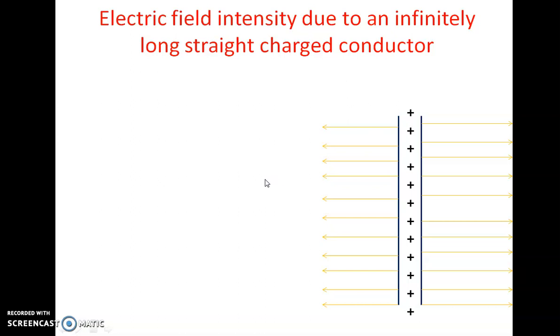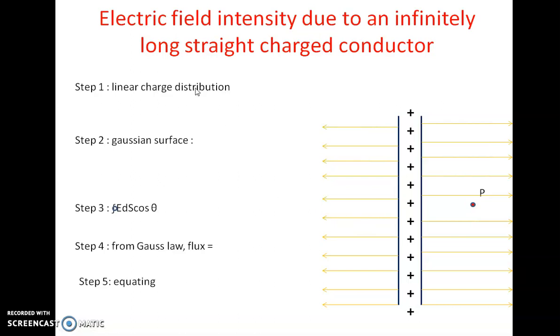Now we want to find the electric field intensity at this point P. We have a charged conductor which is infinitely long. It is positively charged and we want to find the electric field intensity at point P using Gauss law. Now we have seen the 5 steps to find the electric field intensity using Gauss law.